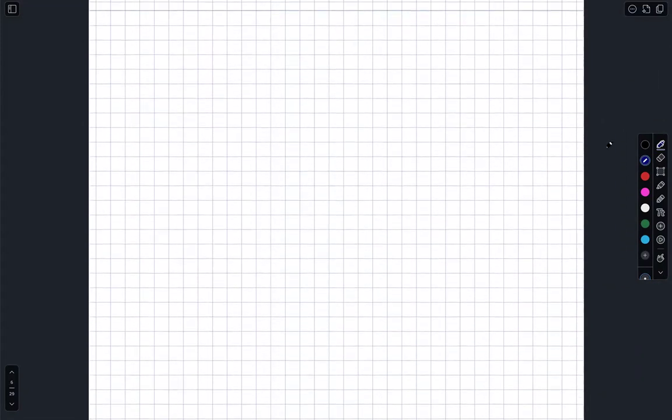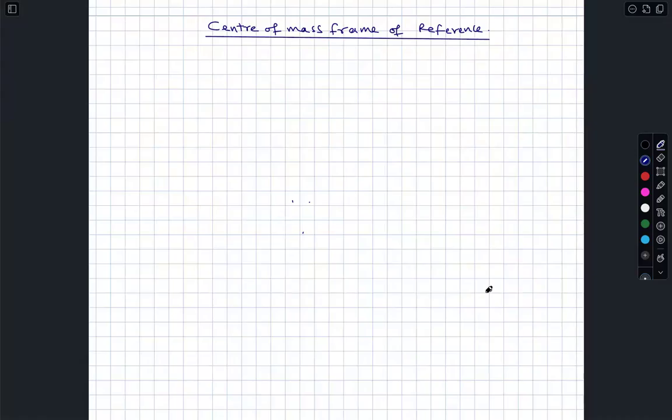Here, we will deal with center of mass frame of reference. What is the center of mass frame of reference?